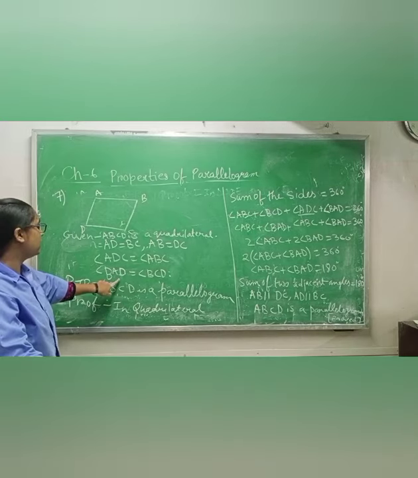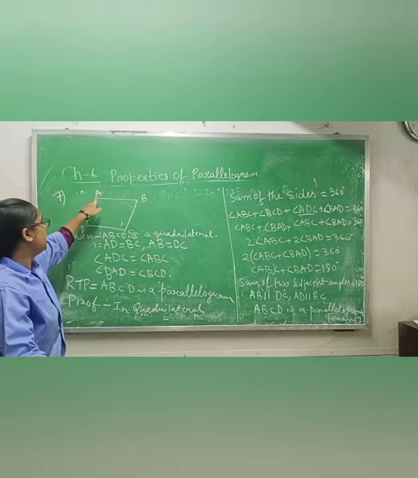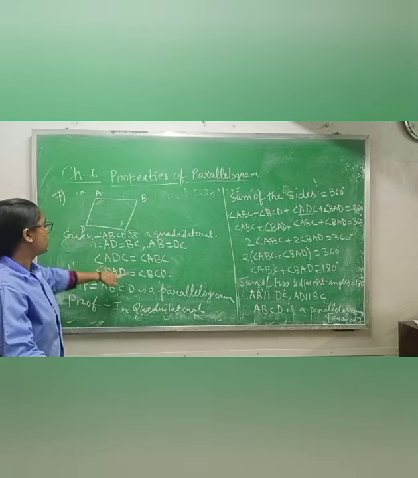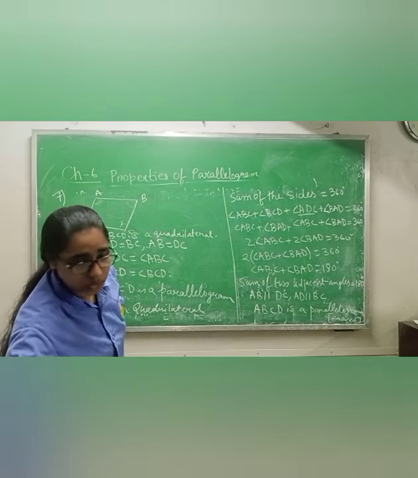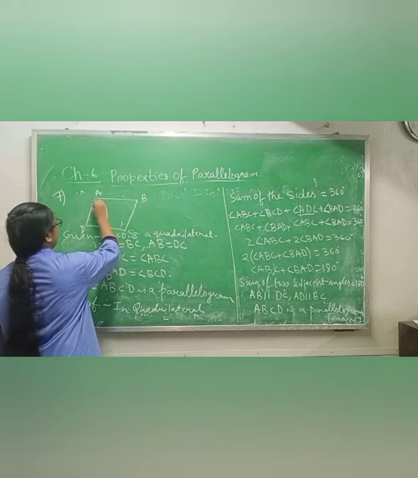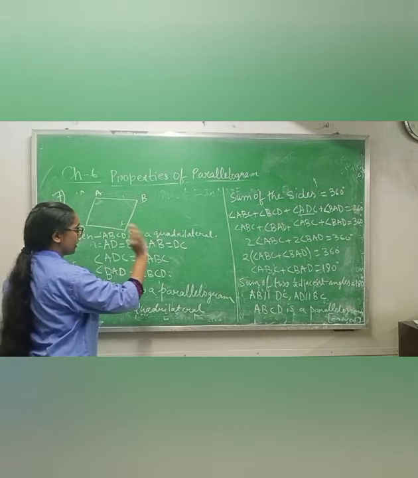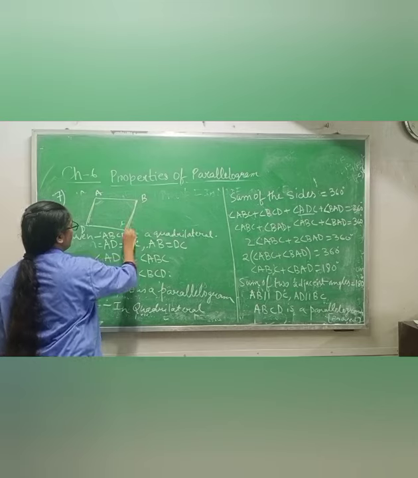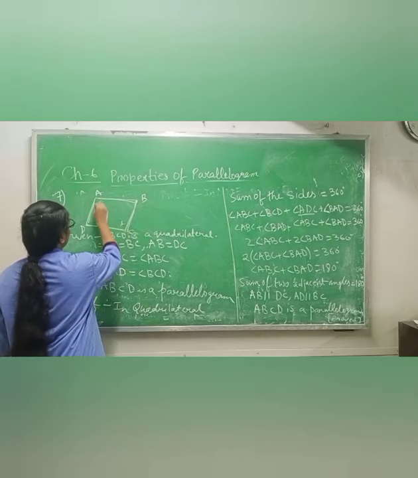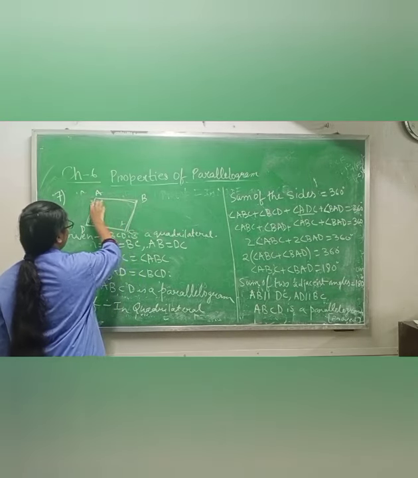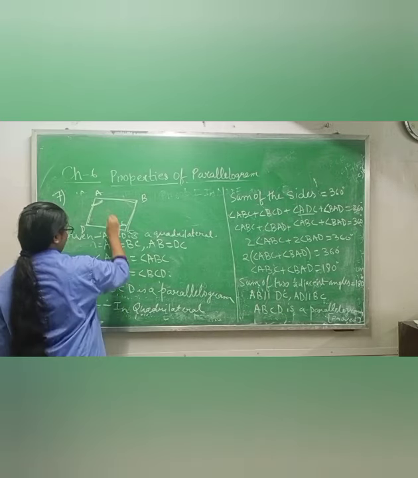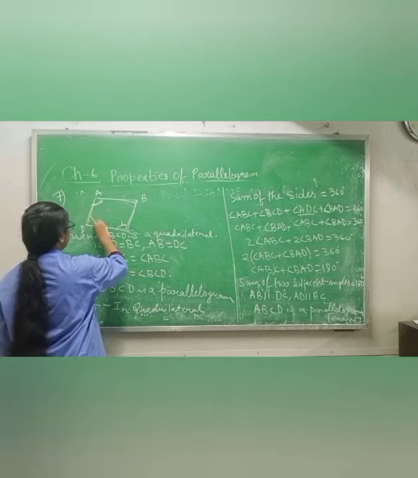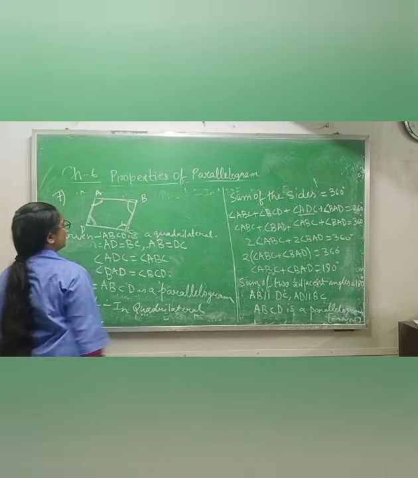So I have written, angle BAD, this angle, is equal to angle BCD. Okay, so in the given part, whatever is given to you, I am writing that only: ABCD is a quadrilateral, AD equals BC, AB equals DC, then angle BAD equals angle BCD and angle ADC equals angle ABC.